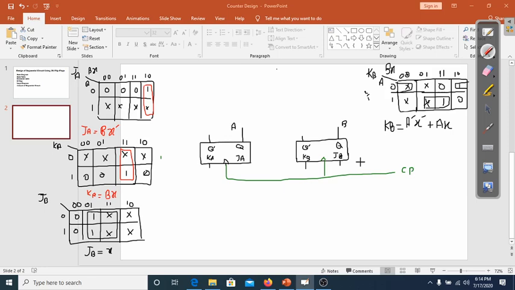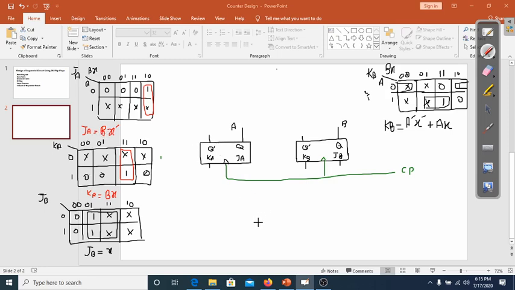Now you can see here the input of JA is equal to B into X complement.